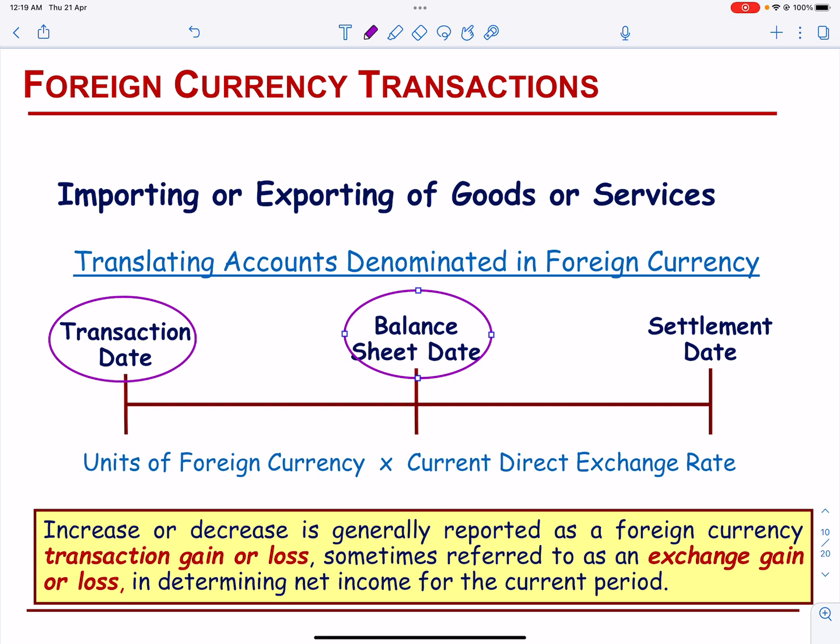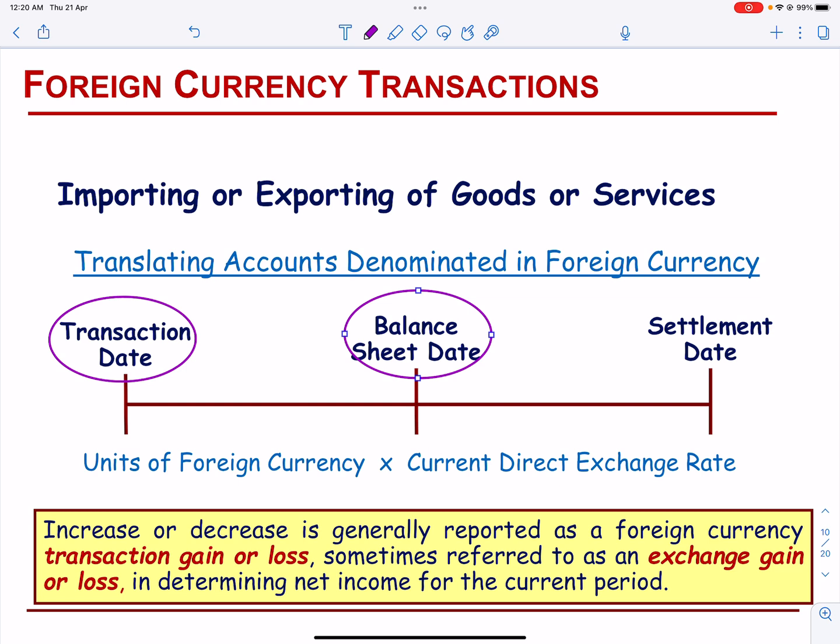At each balance sheet date that occurs between the transaction date and the settlement date, recorded balances that are denominated in a foreign currency are adjusted using the spot rate in effect at the balance sheet date, and the transaction gain or loss is recognized currently in earnings.